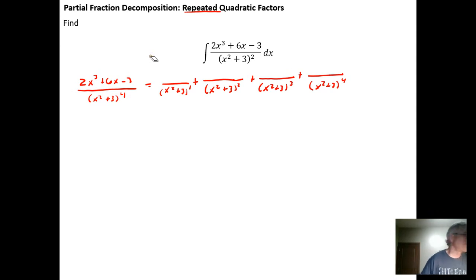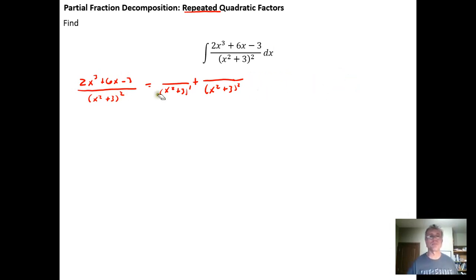That was loud. So we don't have a 4, so this is only squared, so we only need to add on the 2 extra terms. And then we look inside of here, we see we have a quadratic, so the numerator has to be a guess of 1 degree lower than the denominator. So we're going to guess ax plus b.